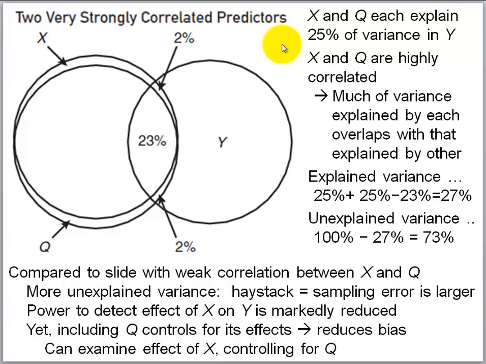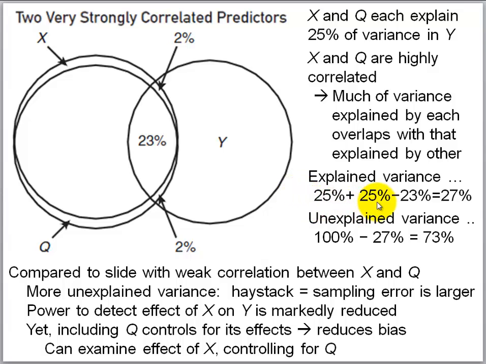So in this diagram, X and Q each explain 25% of the variance in Y. Because X and Q are highly correlated, much of the variance explained by each overlaps with that explained by the other. So what is the total explained variance?